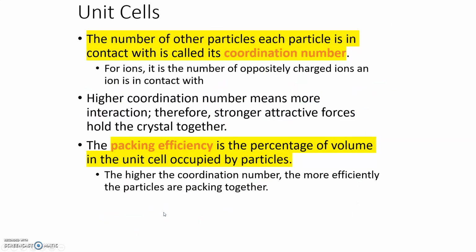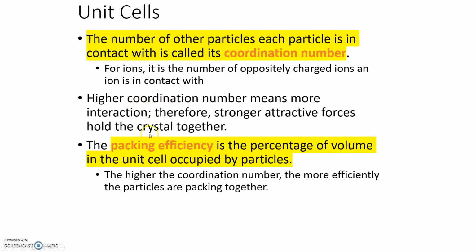The number of other particles that are in contact with one of the particles is known as the coordination number. For ions, it is the number of oppositely charged ions that are in contact with it.